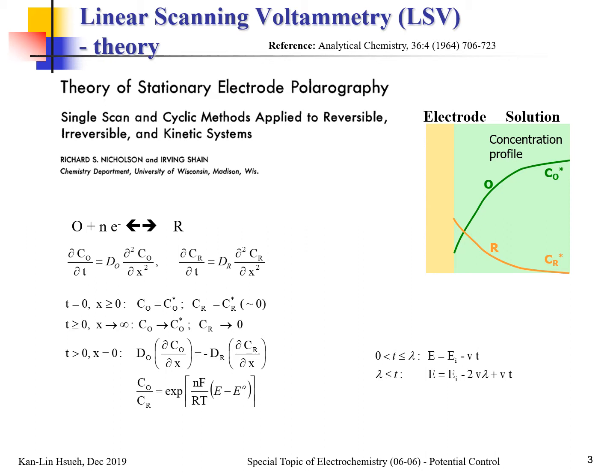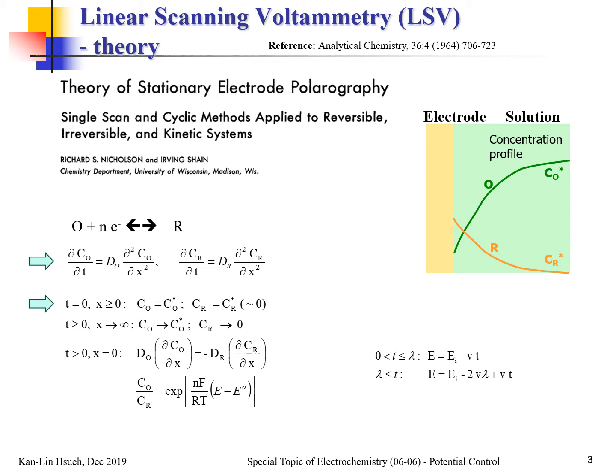In their paper, they consider many electrochemical reactions and then solve the current as a function of time. Here we show, for instance, a reversible reaction. We have to make the material balance for the O species and R species, and then the initial condition at time 0, where CO is CO star and CR is CR star.